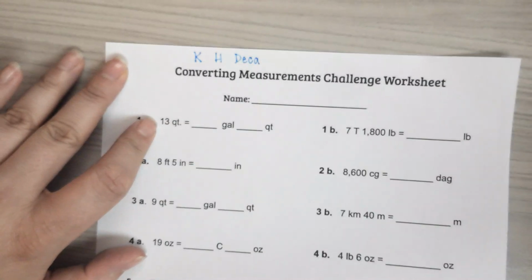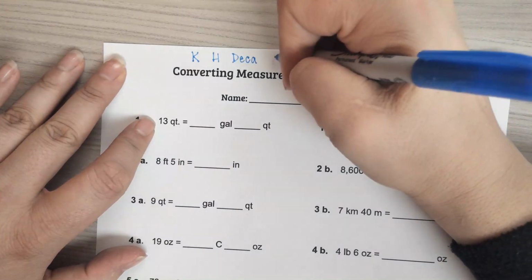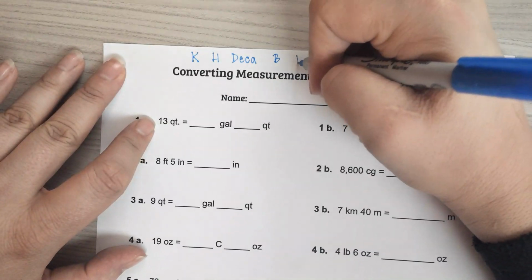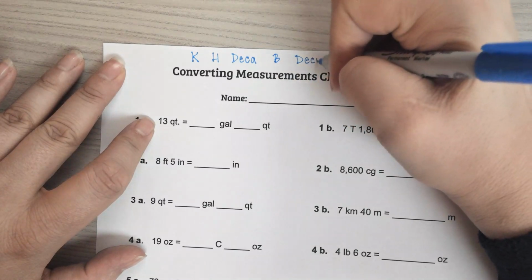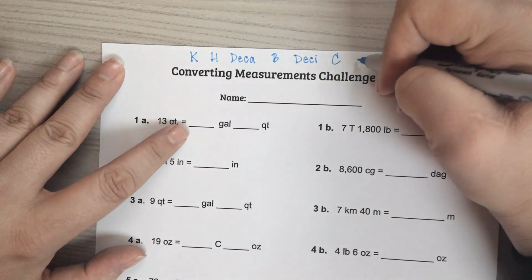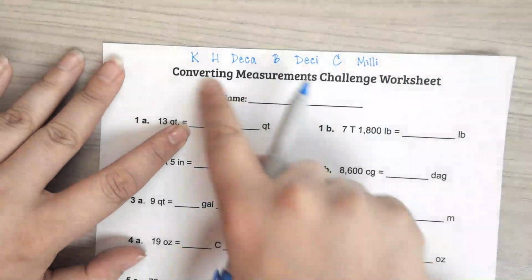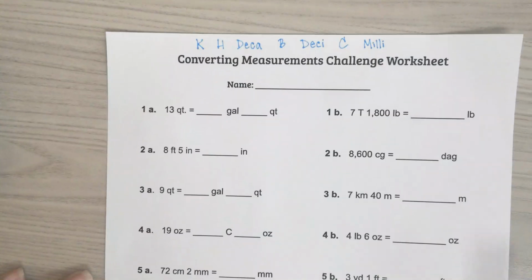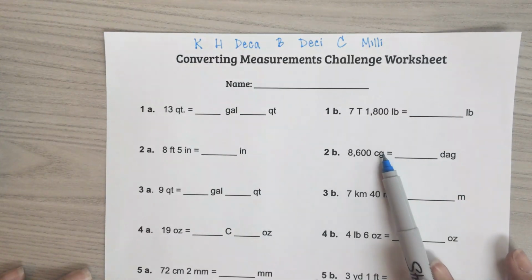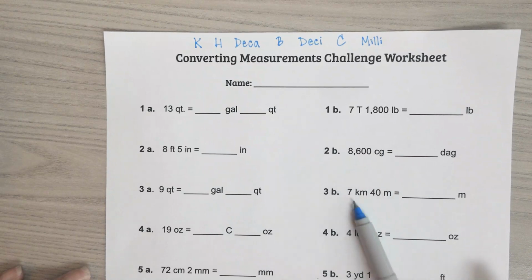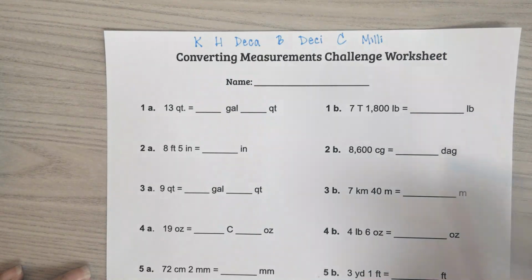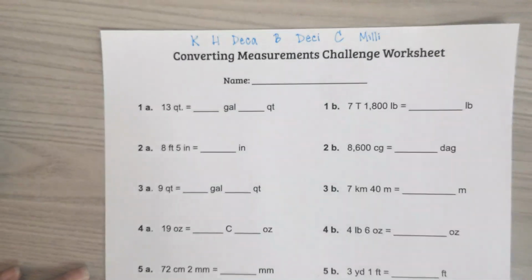Okay, so I've got kilo, hecto, deca, then we've got our base, then we have deci, centi, and milli. All right, so I have all of my metric units up across the top, and that's going to be really helpful when I get to the metric questions, like number 2b or 3b.